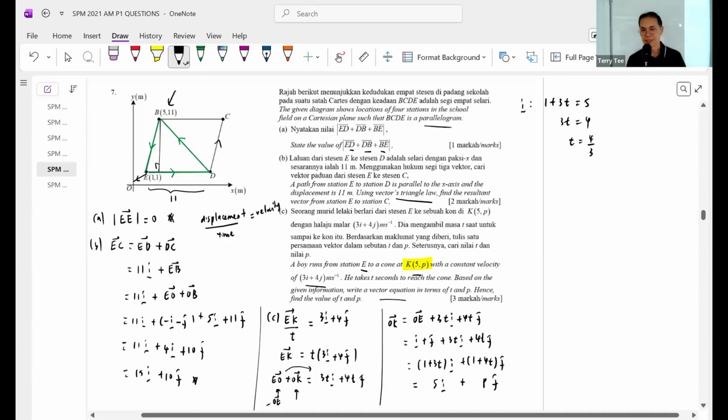So the boy can run really fast. 1.33 seconds he reached the cone. Right? Now I want to find j. Compare the j. p equals 1 plus 4t. Since I know t is 4/3, it's 3 plus 16, 19 over 3. That's your p. Okay?